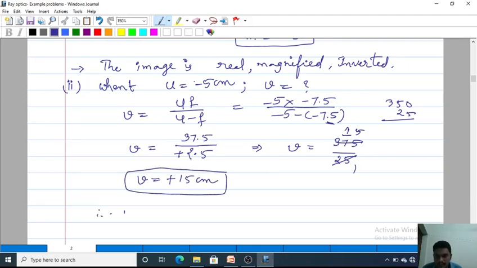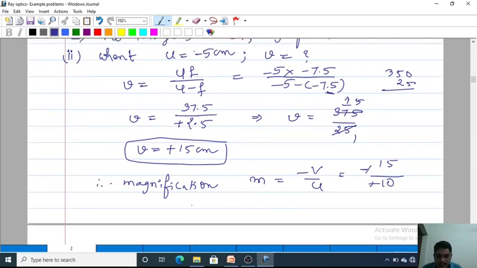And what about the magnification? Magnification m equals minus v by u, that is minus 15 centimeters divided by minus 10 centimeters. So we'll get the magnification m equals plus 1.5. Here we'll get a virtual image.